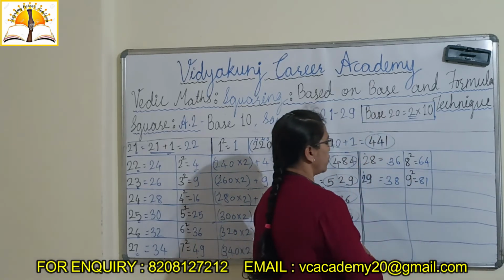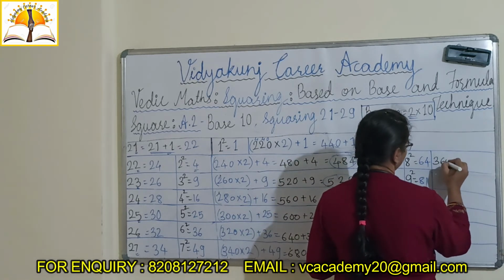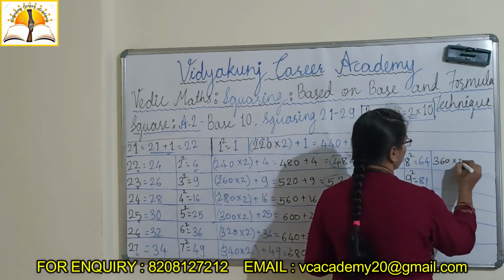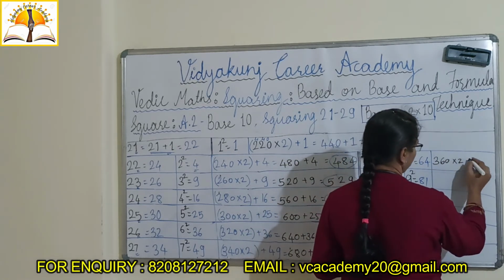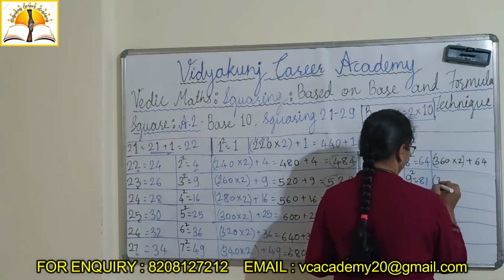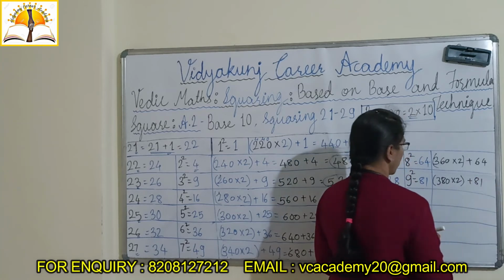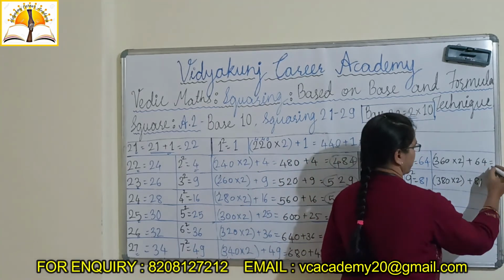Yes. Now next what we have to do? Here we have to multiply 360 into 2, plus we have to do here 64. First of all we have to solve this one. Here also 380 into 2, plus 81. Yes, we have to do this one.